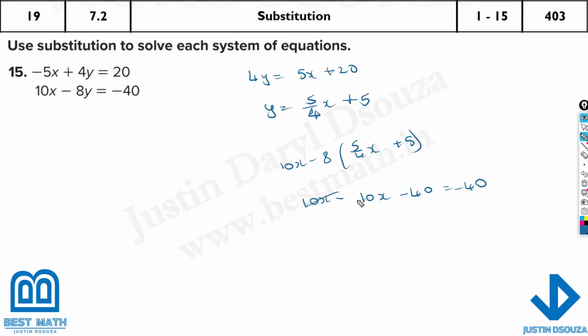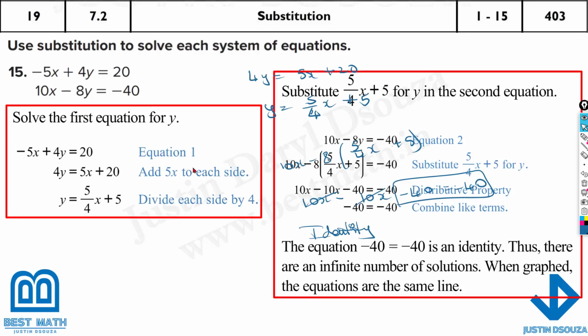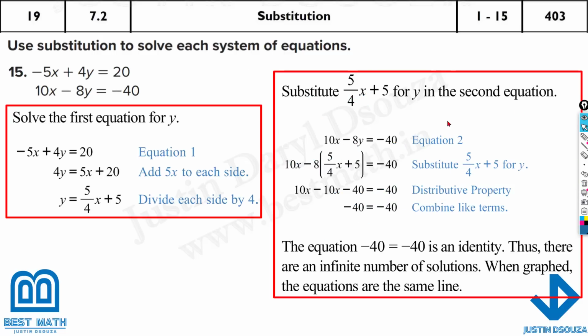But here you can see it is 10x and minus 10x, that cancels off, and minus 40 and minus 40, yes, this is true. So this is an identity. This is the answer. You can even take minus 40 to the other side, it will be 0 and 0, and therefore it's an identity. Identity means it has infinite solutions, whereas if it was a false statement, then it has no solution at all.